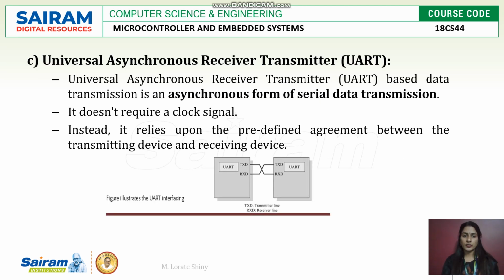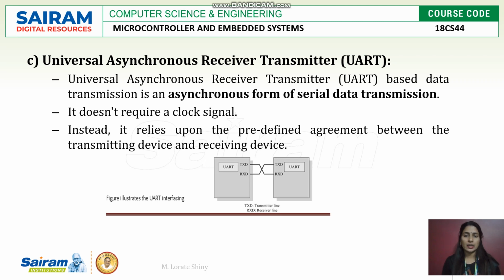The third one is the Universal Asynchronous Receiver Transmitter, UART. UART is an asynchronous form of serial data transmission. It does not require a clock signal for synchronization of the transmitting end and receiving end.